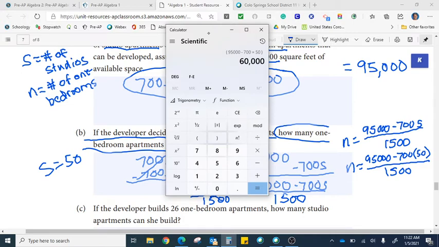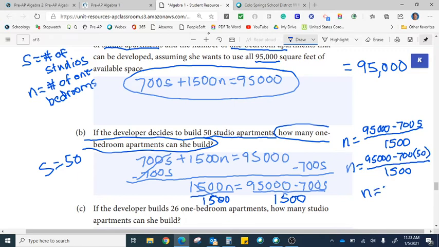So all of that equals 60,000, right? And I'm going to divide that by 1,500. So n is going to equal 40.